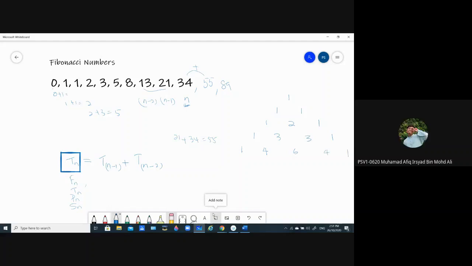This is actually Pascal's triangle. But you can see the Fibonacci numbers here. How do we see the Fibonacci numbers here? It is like this: 1, 1, 1, 2, 3, 5, and so on.